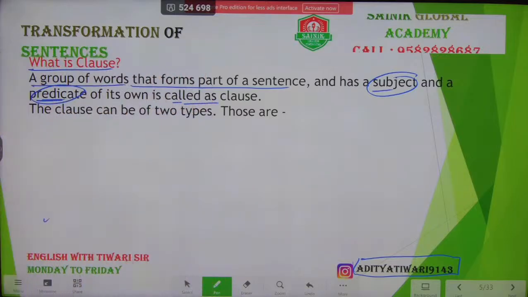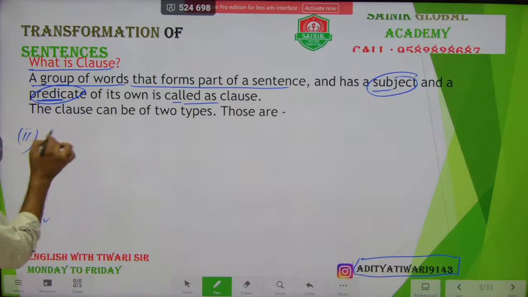So see, now the second way to understand subject.